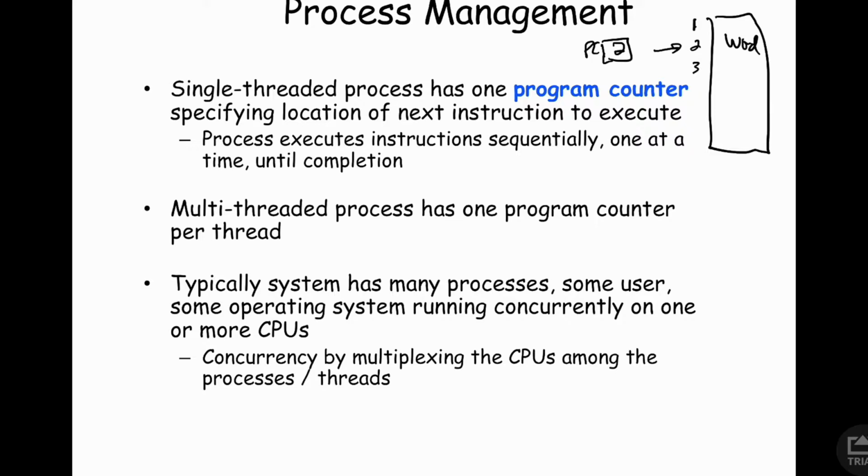Now, I'm drawing this as being in RAM, but really it comes from the instruction cache. And there are lots of primitives beyond the scope of this class for how you might fetch from instruction cache, okay? All right, so we have a single-threaded process, and a thread is associated with one sequence of instructions. And the program counter is incremented every time you load an instruction from that location.